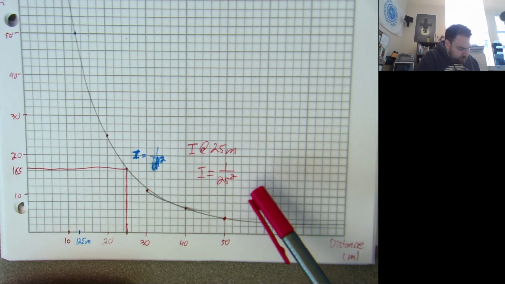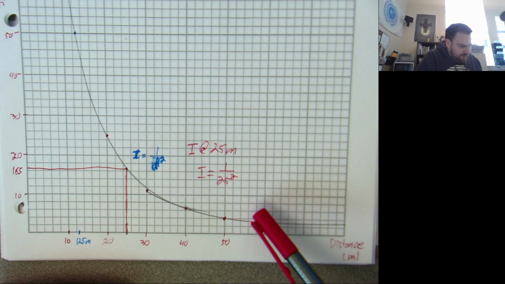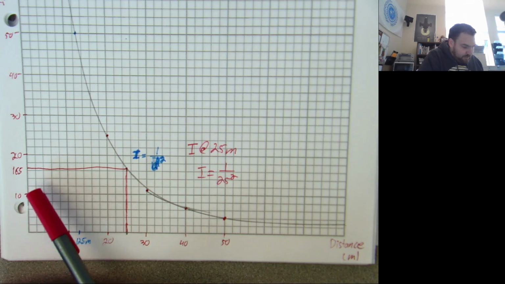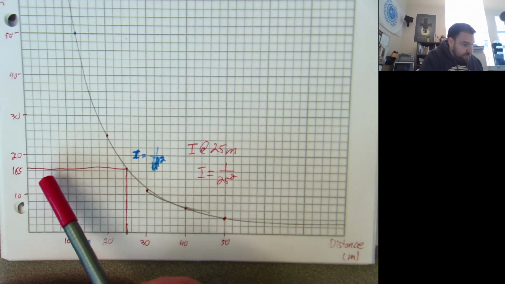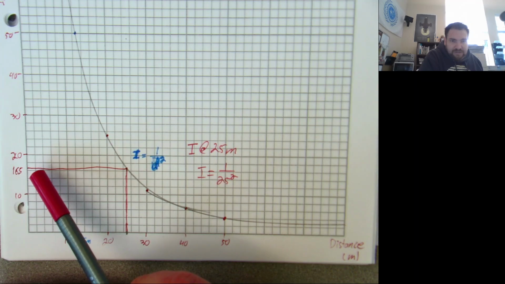So 1 over 25 squared. Wow, that's really small. What am I doing wrong here? Well, it's 0.0016. Okay.